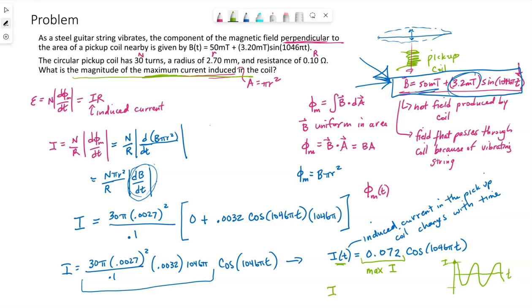So the maximum induced current is 0.072 amps, or 72 milliamps if you want to use the prefix. That works well also. So we have the maximum value of the induced current here. And we get the induced current because of the changing magnetic flux.